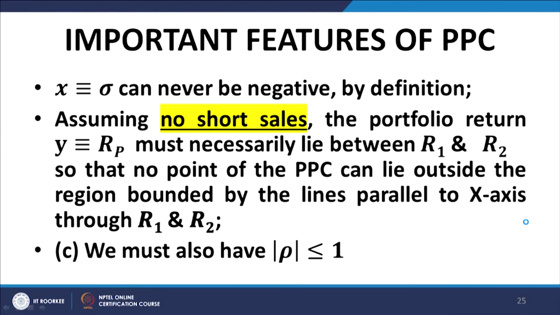What are the important features of this portfolio possibilities curve? Number 1, since x represents sigma, the standard deviation, and by the very definition of standard deviation, sigma cannot be negative, the portfolio possibilities curve is the section of the hyperbola that lies on the right half plane.